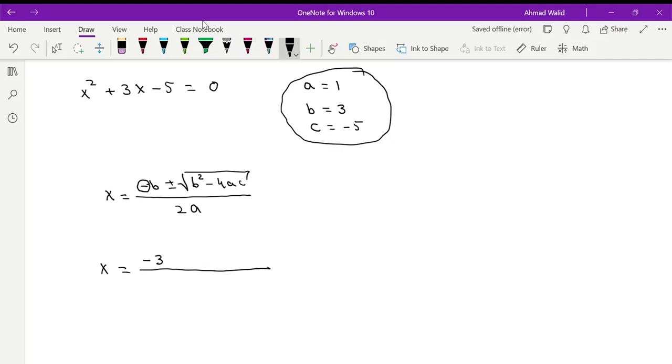If my b was negative 3, it means I will end up with negative 3. Correct? Be careful when you plug in. Plus minus the square root of b squared, it means 3 squared, minus 4 times a, which is 1, times c, which is negative 5, over 2 times 1.